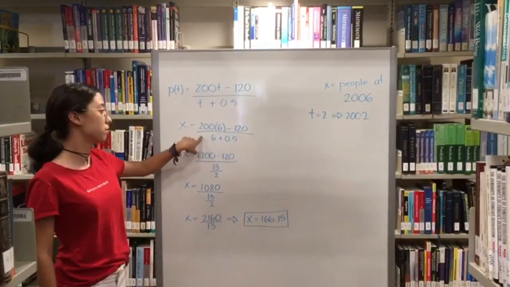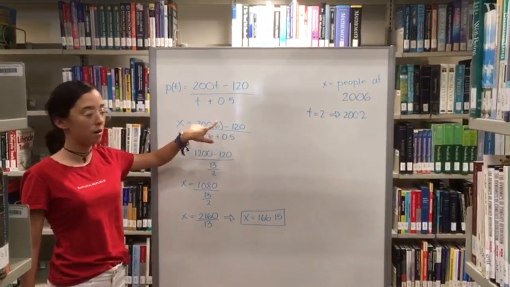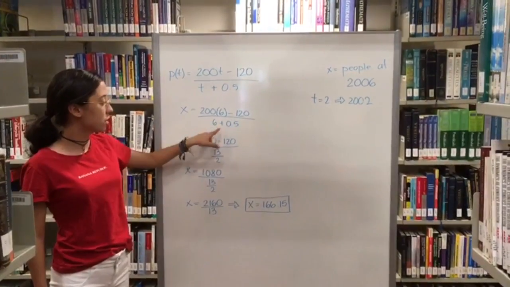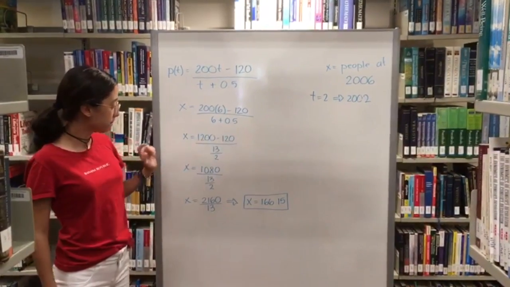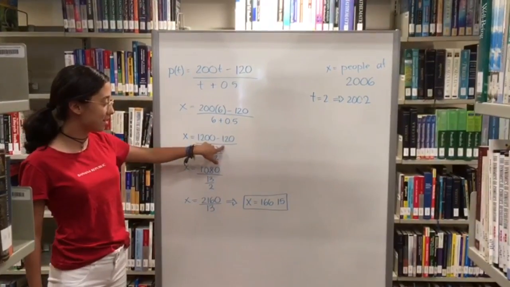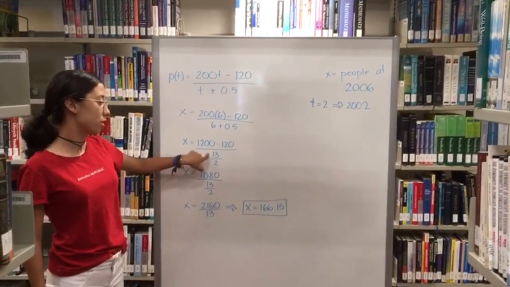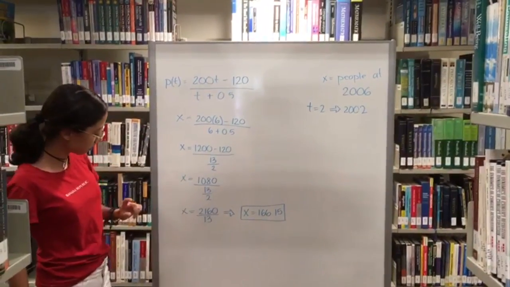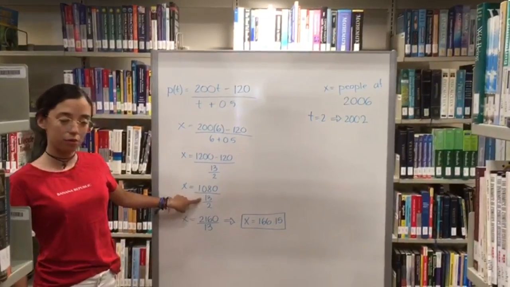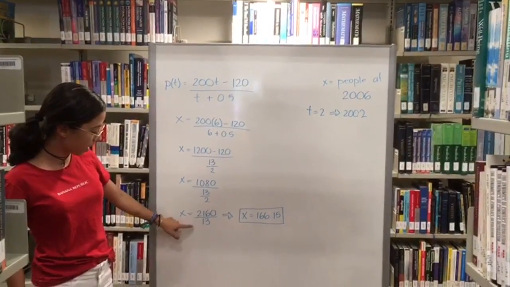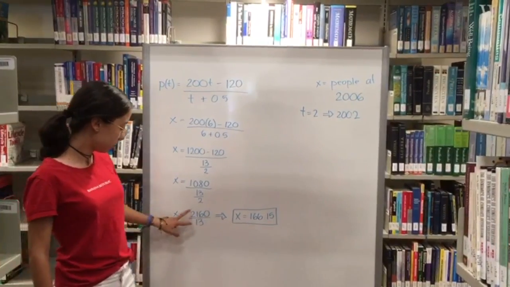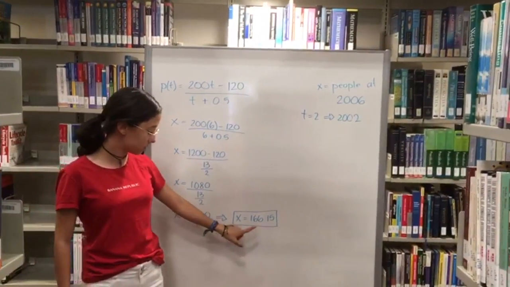Then we have 200 multiplied by 6 minus 120 over 6 plus 1/2. Then we have 1200 minus 120 over 13 over 2. We have 1080 over 13 over 2, and then 2160 over 13.